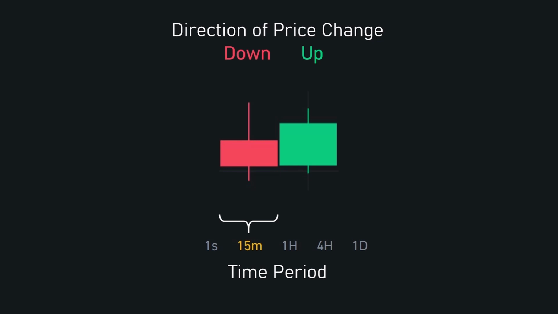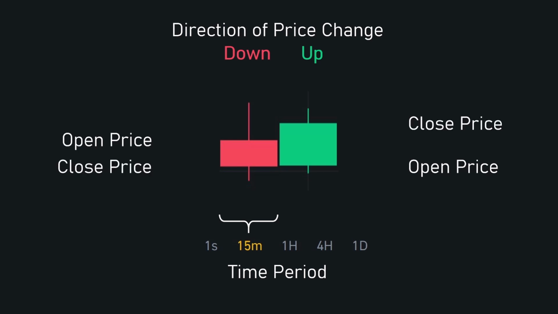Next, the body of the candle. It tells you the open price, meaning the exact price at the start of the period, and the close price, which is the price at the very end of the period. Obviously, if the net change was positive, the open would be at the bottom and the close would be at the top of the body. And vice versa for negative net change.